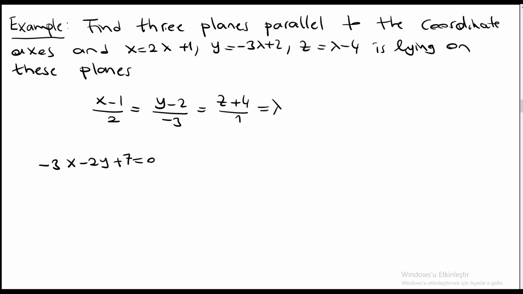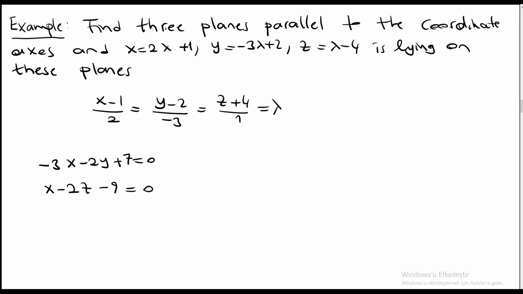Okay, the other 2, these ones. So you have x minus 2 times z, negative 1, and negative 8 will be 9.